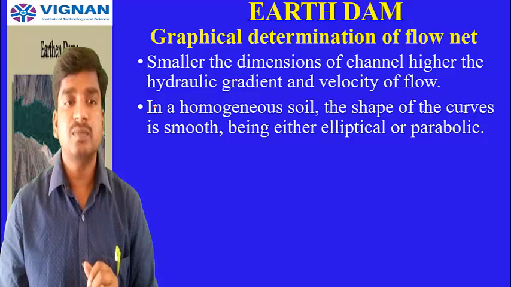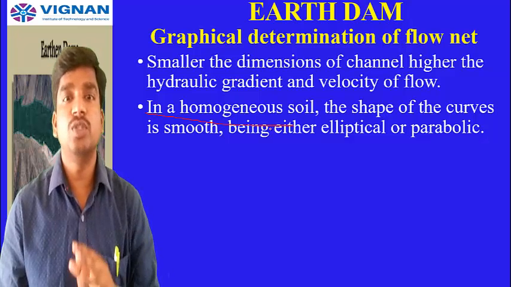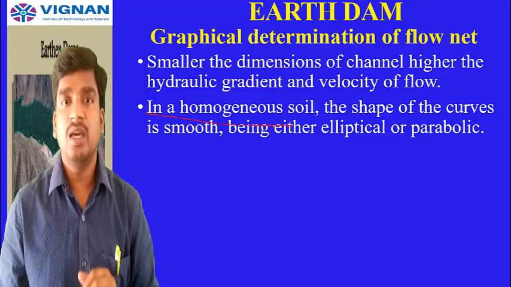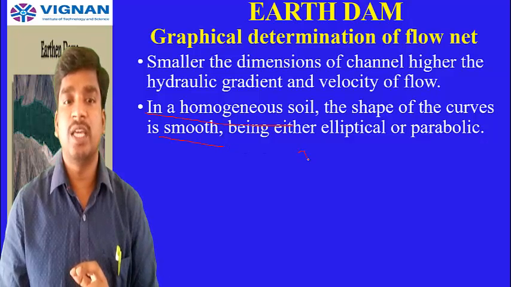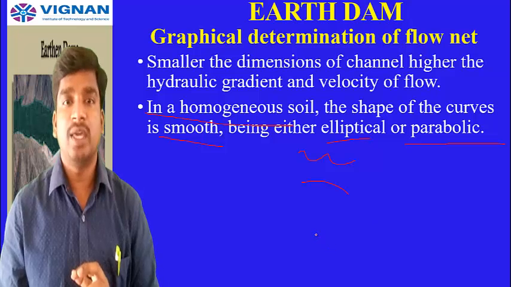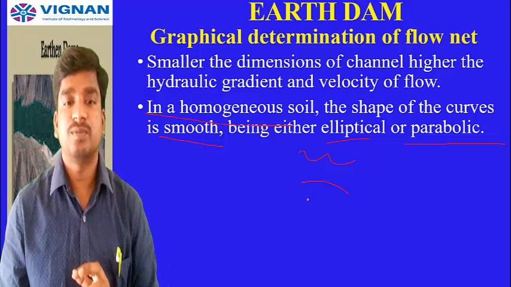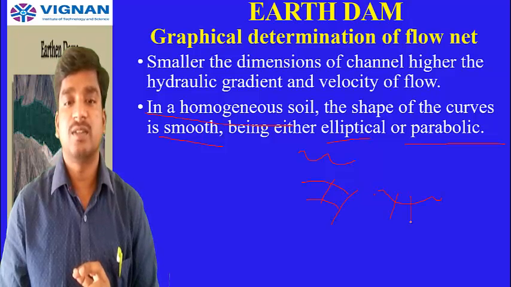Now the last important point is that in a homogeneous soil, the shapes of the curves are smooth. They are not like this; they are smooth, either elliptical or parabolic, like this. You cannot find them like this.